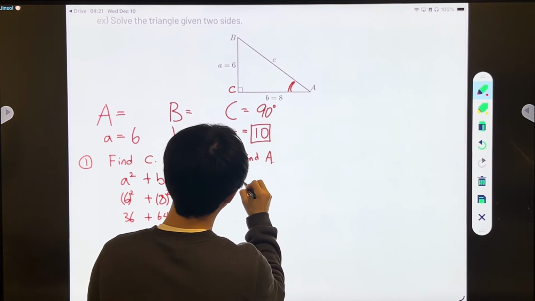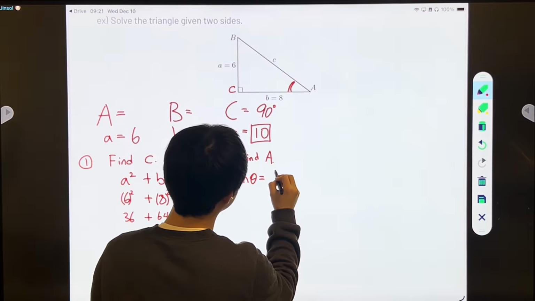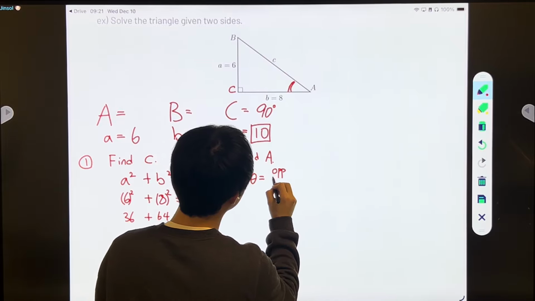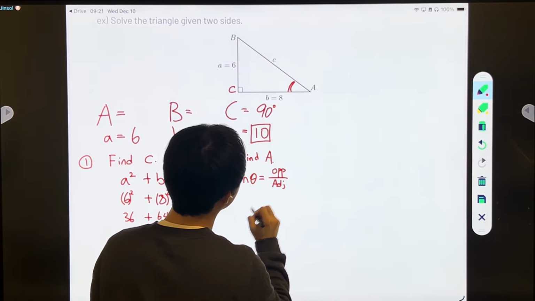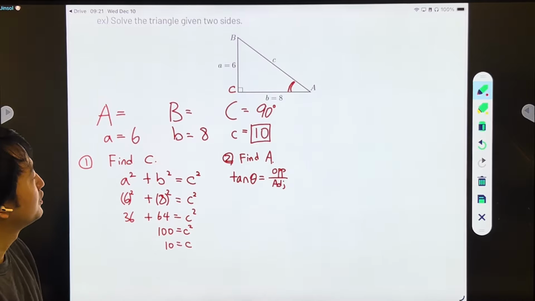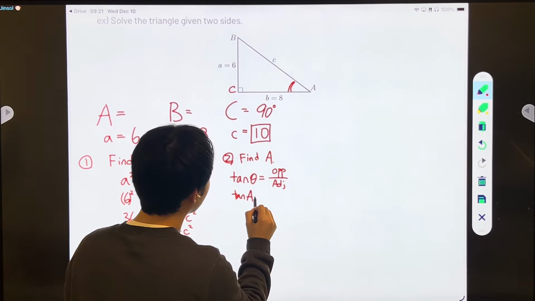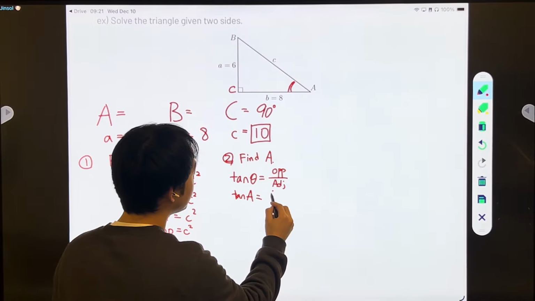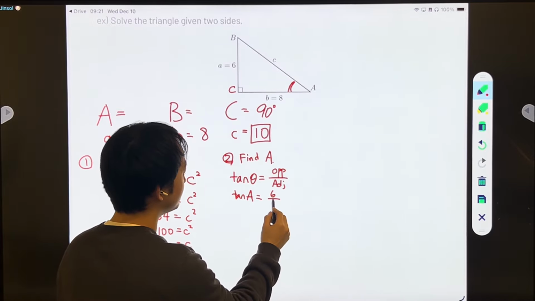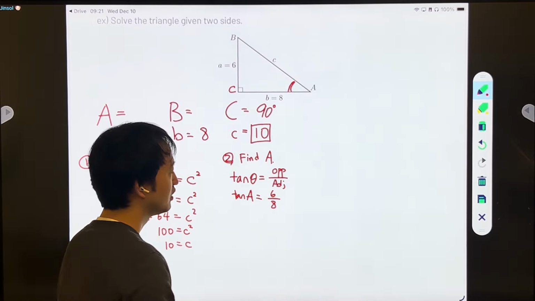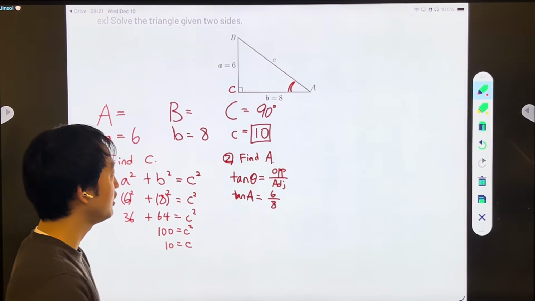So let's write down the tangent ratio. Tangent theta is equal to opposite over adjacent. So in this case, the angle is A, and the opposite is 6, and the adjacent is 8. So I need to solve this equation.